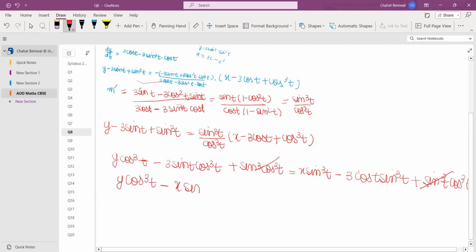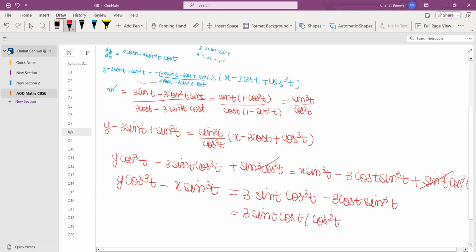Minus x sin cube t is equal to, okay, 3 sin t cos cube t minus 3 cos t sin cube t. I can see I can take a lot of common in this. sin t cos t into cos square t, and here I'll get minus sin square t.